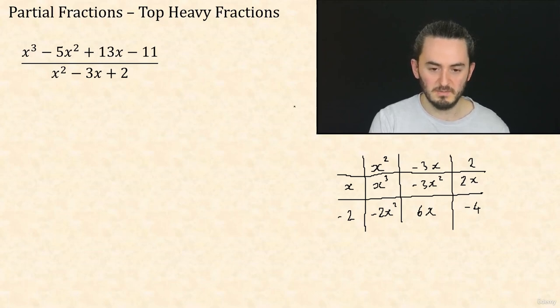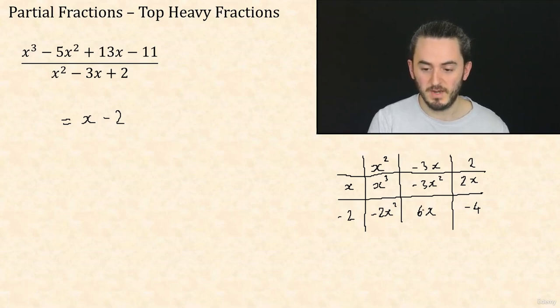Okay, what does that mean? It means that when I do this division, I get x minus 2, but there's a remainder, because what I actually have here is 2x plus 6x, which is 8x, but what I needed was 13x.